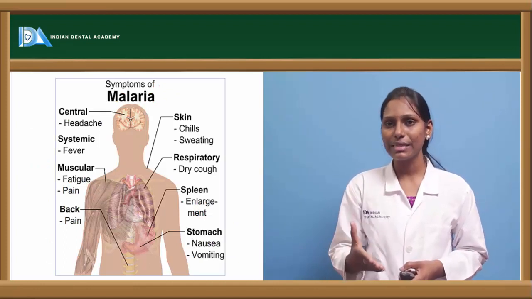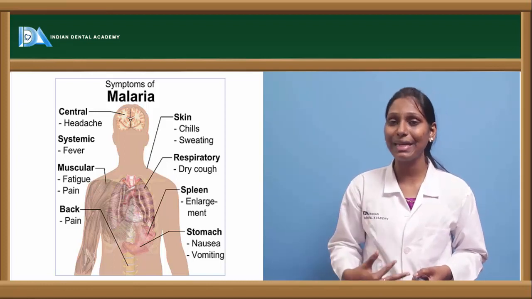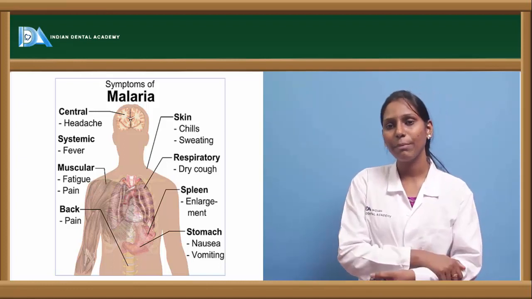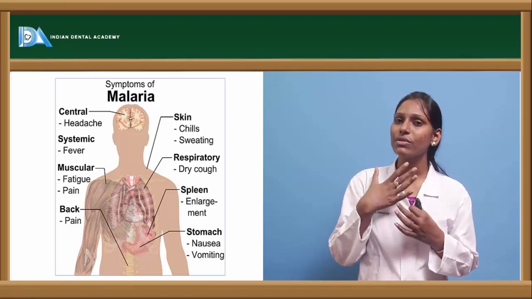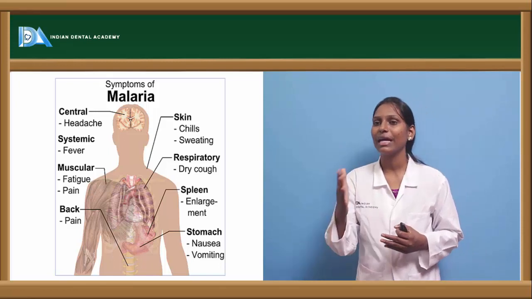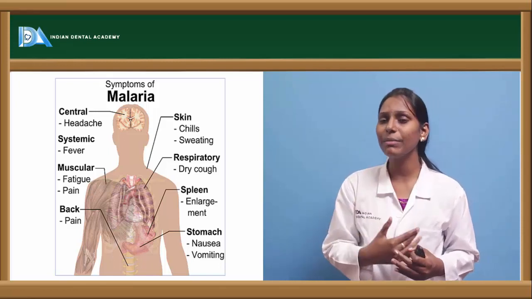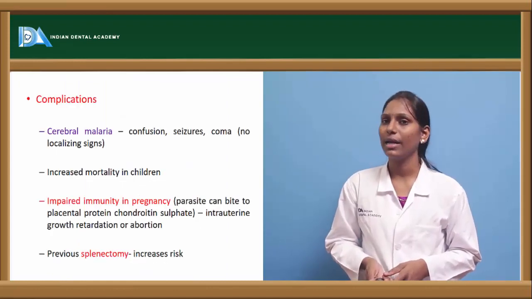They will have headache, fever, fatigue, back pain, muscular pain, that is myalgias. Patients usually have chills, profuse sweating after the chill phase, and dry cough. There can be enlargement of liver and spleen, and patients will have nausea and vomiting.